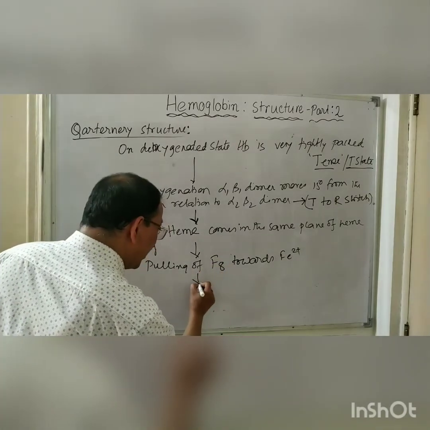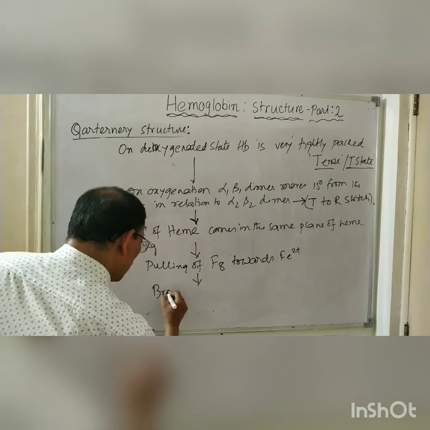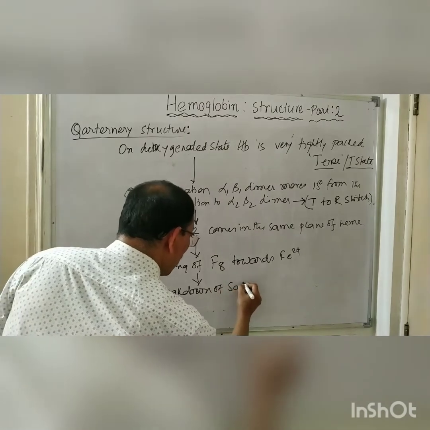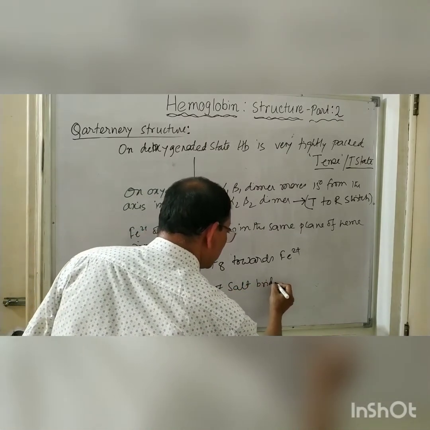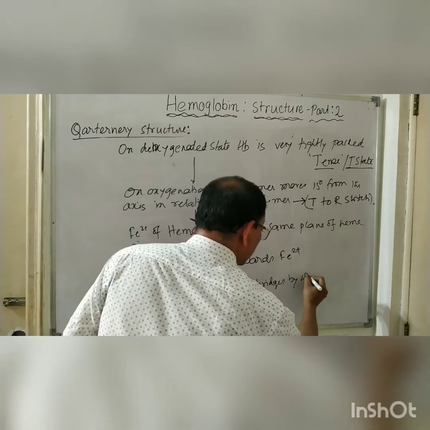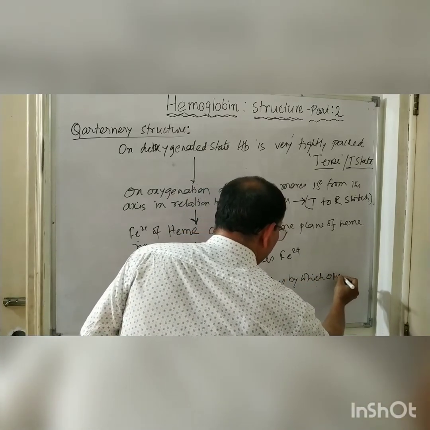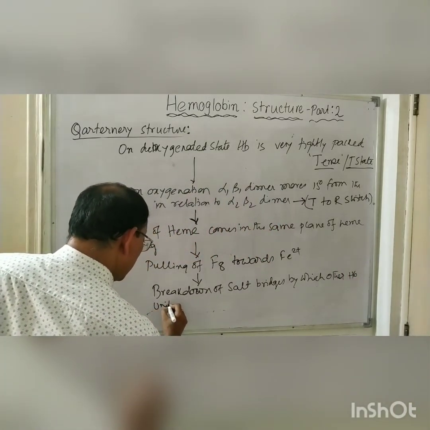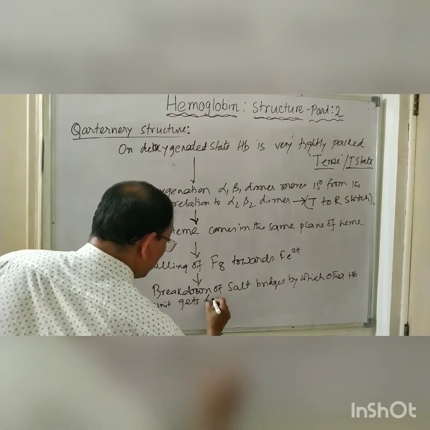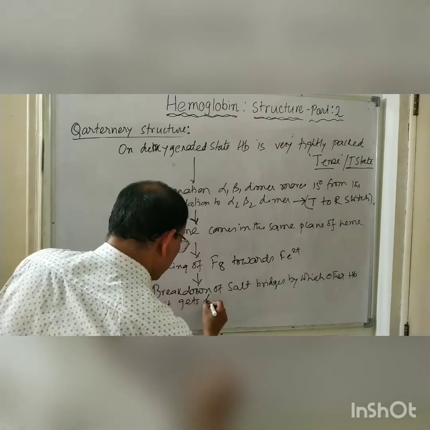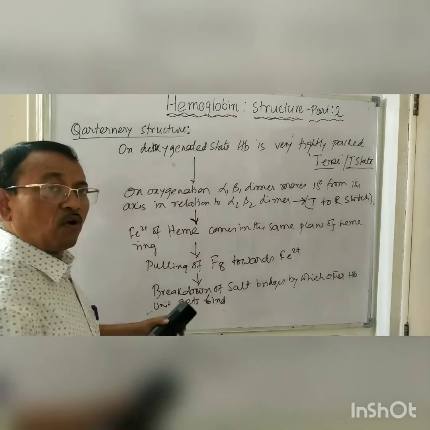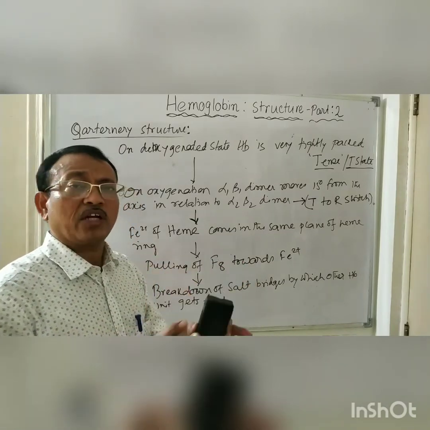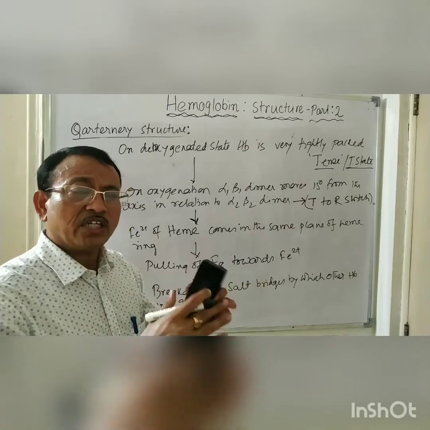And this movement results in the breakdown of the salt bridges by which other hemoglobin units get bound. So whatever salt bridges are there, by which all the hemoglobin alpha 1, beta 1, alpha 2, beta 2 are bound, those salt bridges will be broken down.